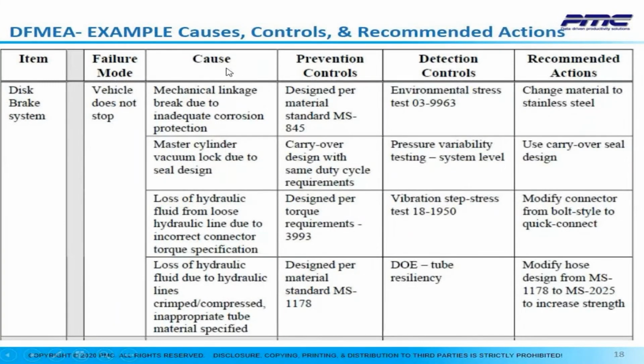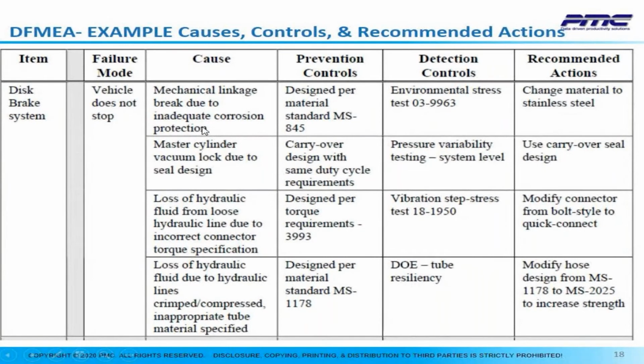Here's a quick example of a DFMEA with cause, controls, and recommended actions. It was about a disc brake system, where the failure mode shows itself as a vehicle not stopping. Potential failure causes are listed as mechanical linkage brake due to inadequate corrosion protection.